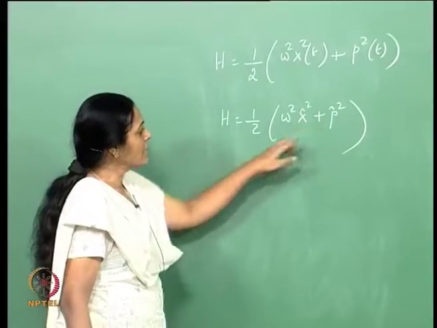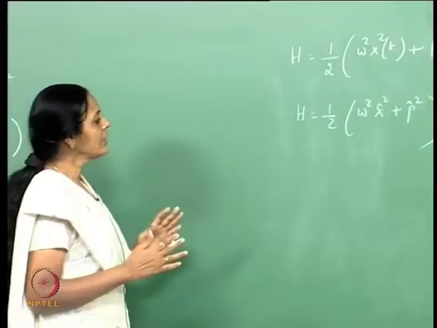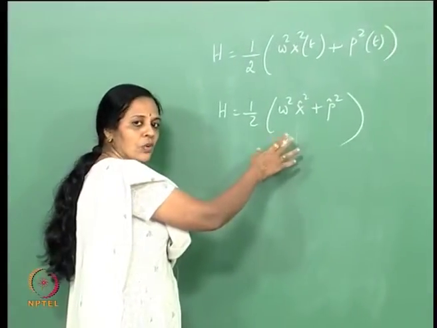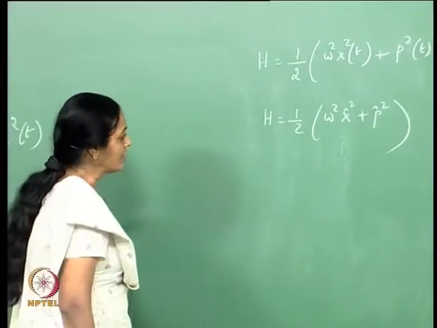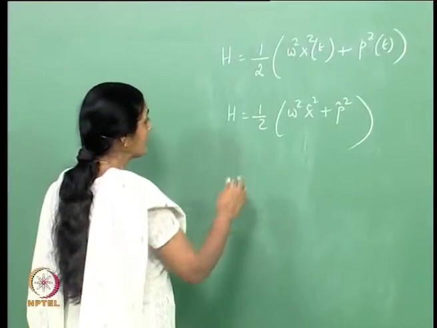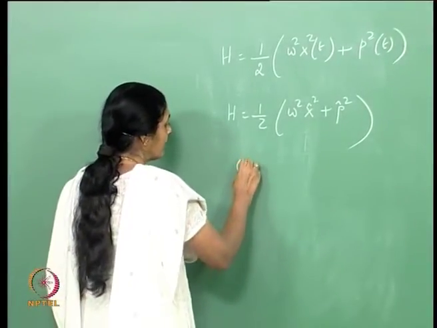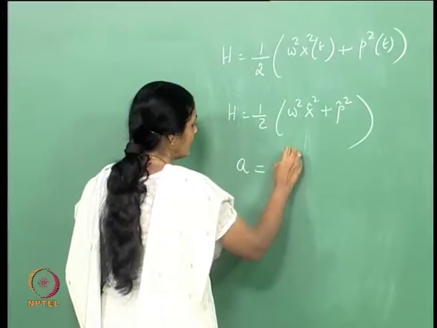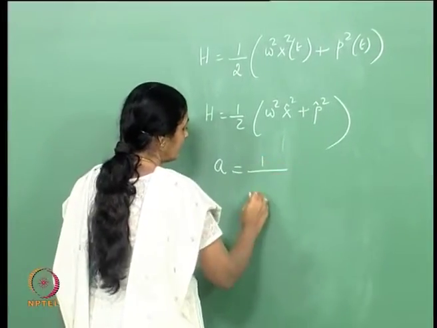The notation has been used essentially to show that there is a one-to-one correspondence between the quantized electromagnetic field and the linear harmonic oscillator. So now given this, I can define an operator A as I did earlier.